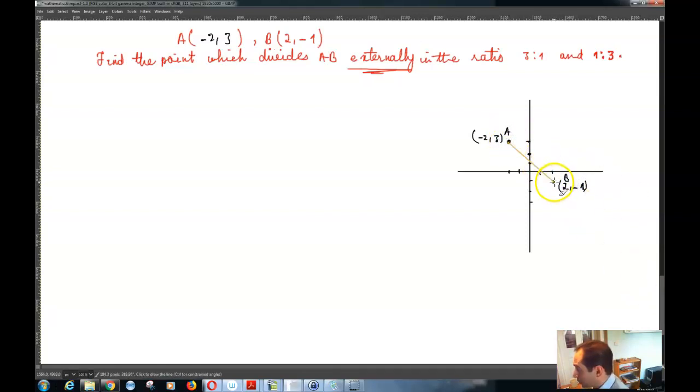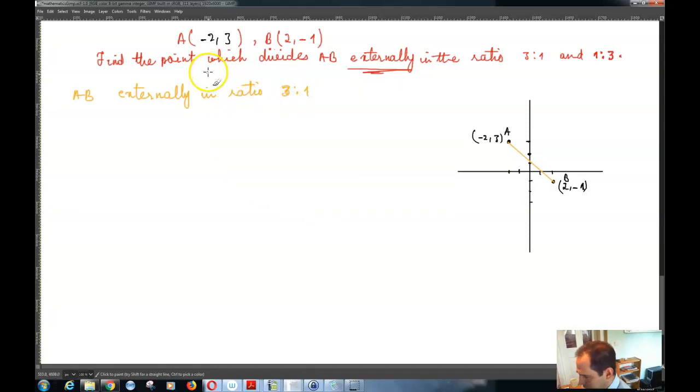Now I want to find the coordinates of the point which divides AB externally in the ratio 3 to 1.